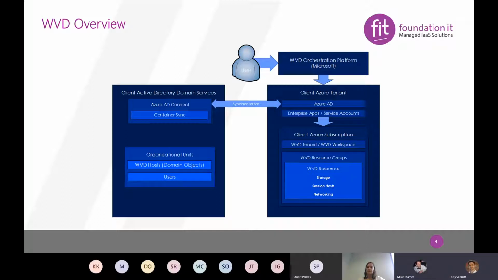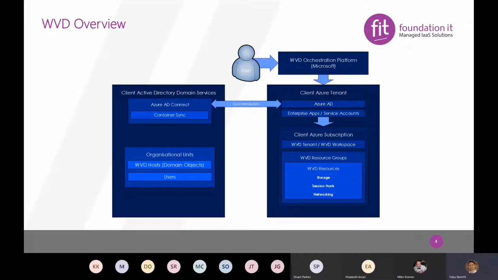Microsoft has in Azure done away with that and now provides Windows Virtual Desktop orchestration services as a service. So the requirement on the customer is simply to have the correct licensing in place, some elements of Azure infrastructure and on-premise infrastructure, and then all of the gateway and broker and licensing components are provided as a service.